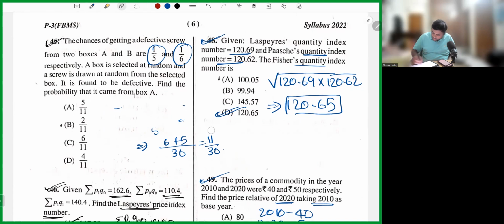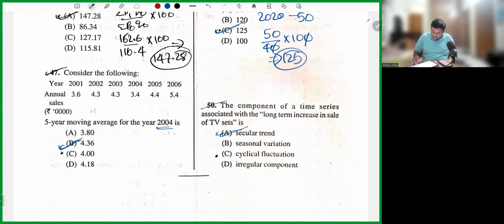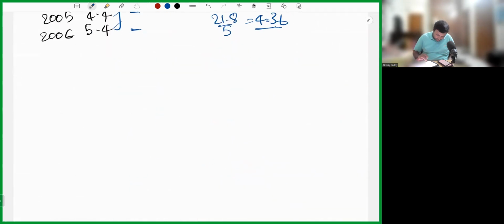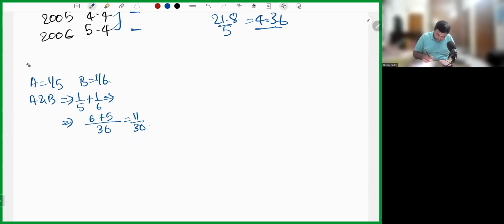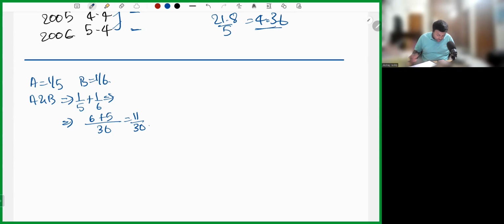I'll write it down, that's better. It's asking to find the probability that it came from box A. So box A probability is 1 by 5.